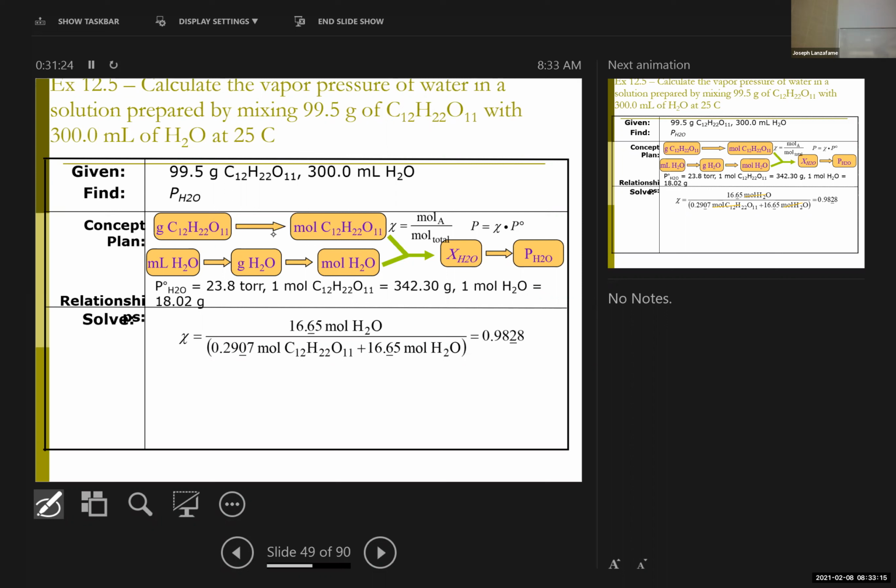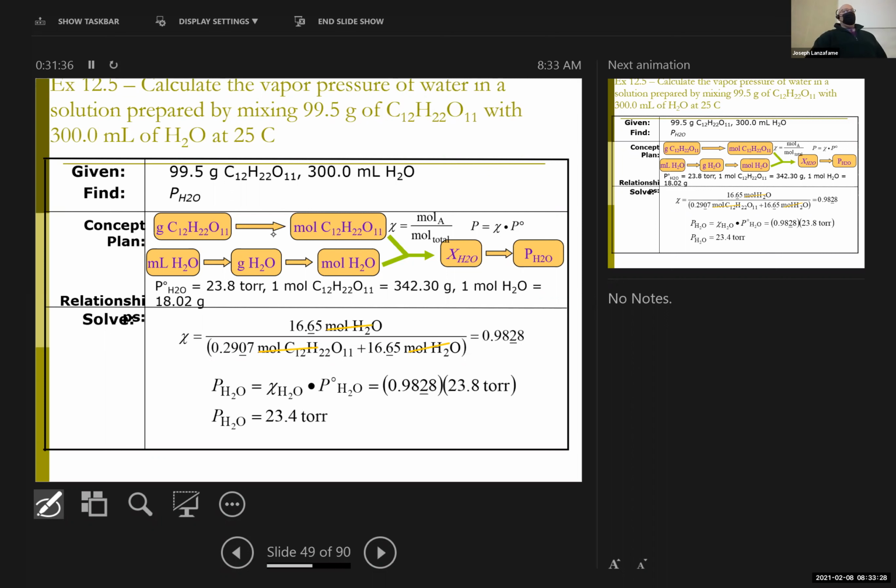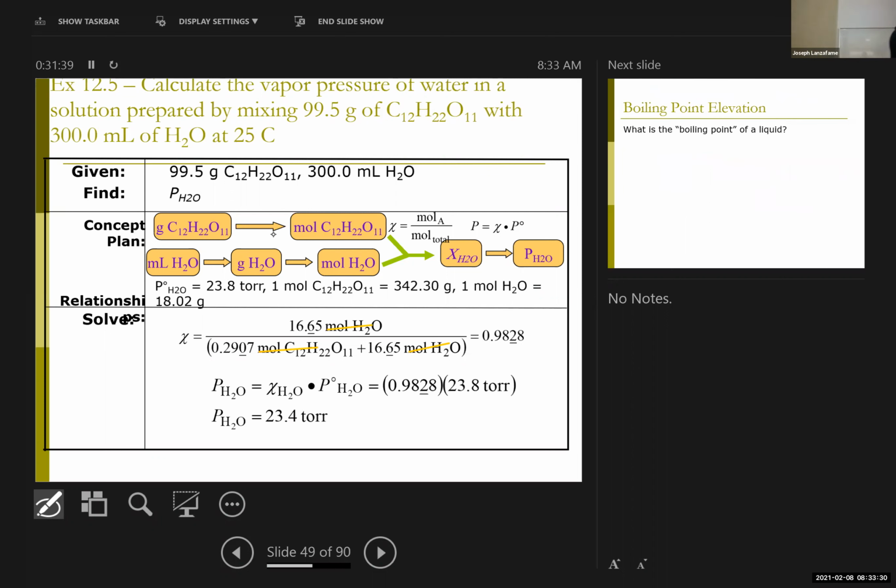All right. And so as you can see, the mole fraction is pretty close to 1, which you would expect since I'm talking about the solvent and there has to be mostly solvent. And so you just have a small decrease in the vapor pressure of the solution. The vapor pressure of the water in the solution, right? Again, my sucrose is not volatile. It won't enter the vapor phase.